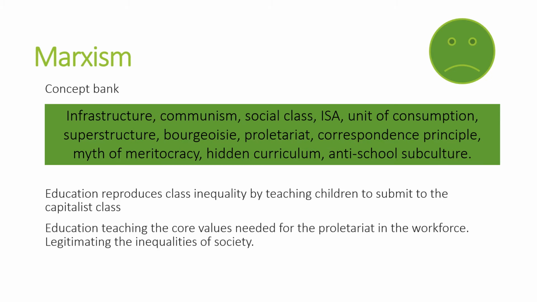So it's all about this reproduction and legitimation of capitalist ideologies. Ultimately, Marxists are critical of education, not because of what education does or is not doing, but the wider role it plays in supporting capitalism. So again, very critical of education.